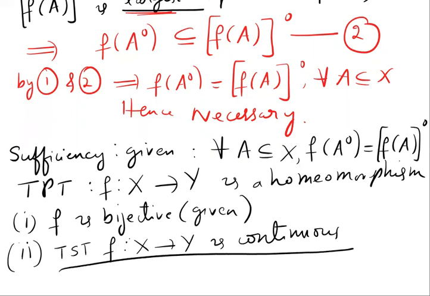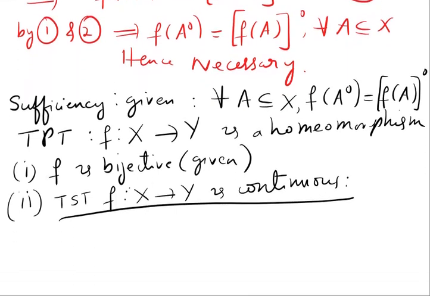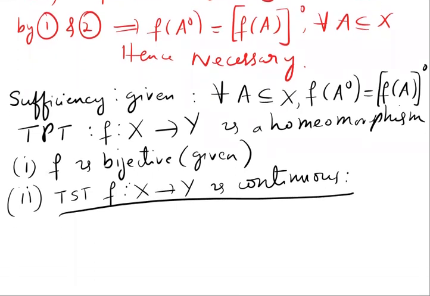To prove it is continuous, we prove the inverse image of an open set is open. So where do we take the open set?